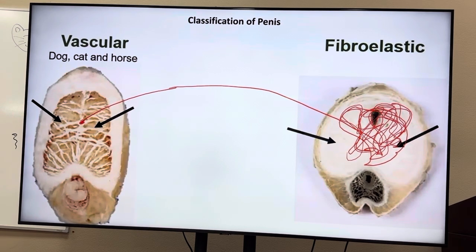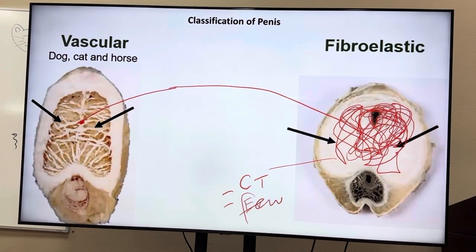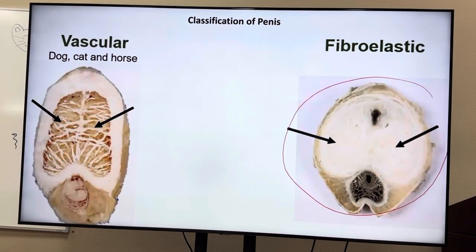So this means here we have numerous connective tissues and few erectile tissues. Erectile tissue here is few. So what this means is that this penis will not be able to increase in diameter.